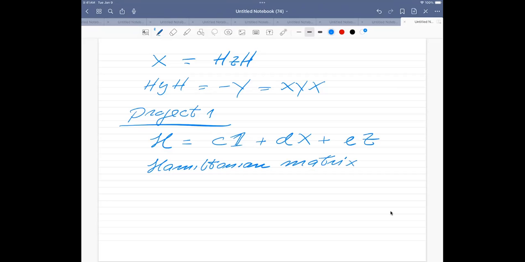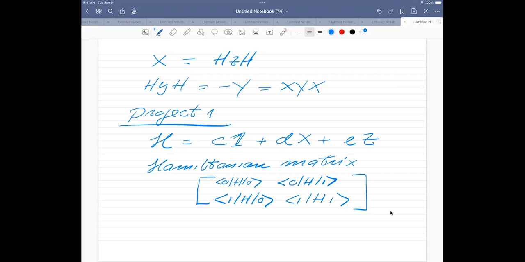And this Hamiltonian matrix was given by some matrix elements: ⟨0|H|0⟩, then ⟨0|H|1⟩, then ⟨1|H|0⟩, and this matrix is assumed to be Hermitian, and then the final one, ⟨1|H|1⟩.